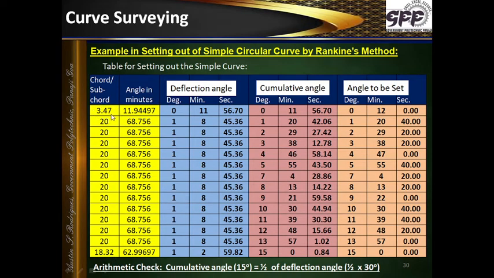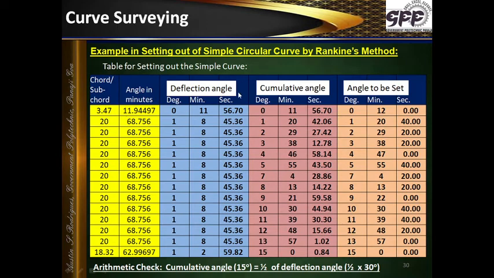For the initial subchord, the angle was 11.94. That is what we had got. For the rest of the chords, we have got the angle as 68.756, and for the final subchord, we have got the angle as 62.99697.